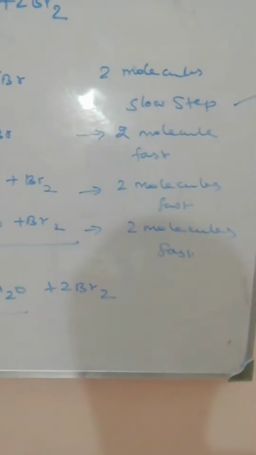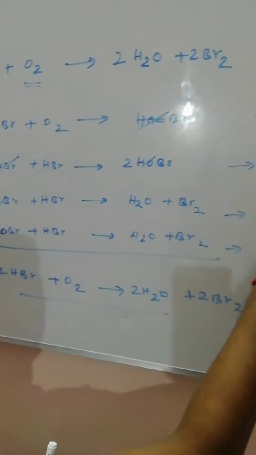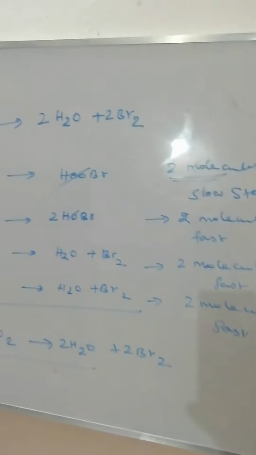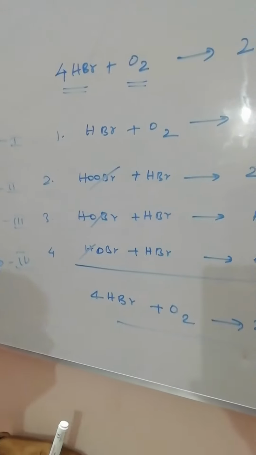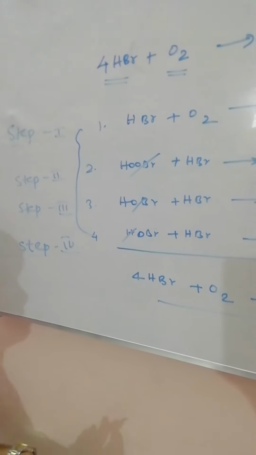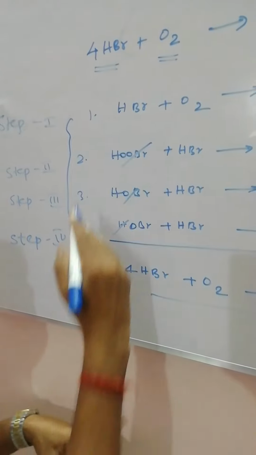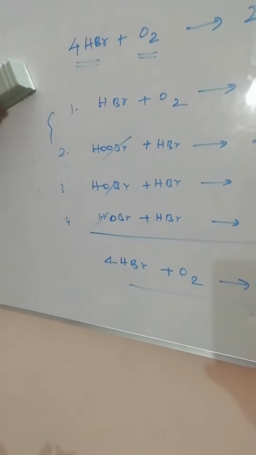The first step is a slow step, the remaining steps are fast steps. Each step involves two molecules. So the molecularity of a reaction of more than 3 steps depends upon the sum of all the elementary reactions.